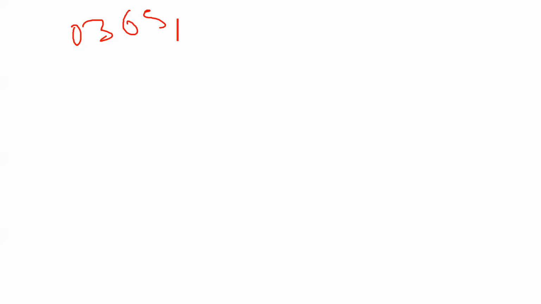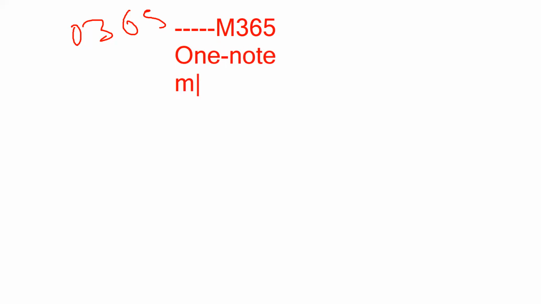Now Microsoft changed it to M365, guys, Microsoft 365. If you go for Microsoft 365, we have OneNote, MS Office components like Word, Excel, PPT. Also, we have .csv files. Everything comes under MS Office.